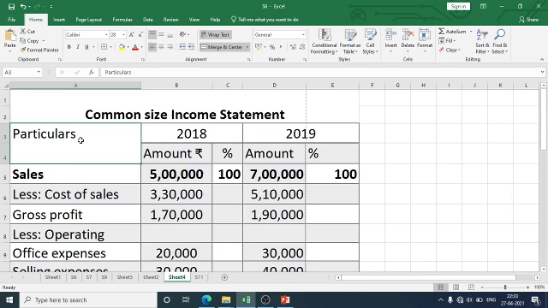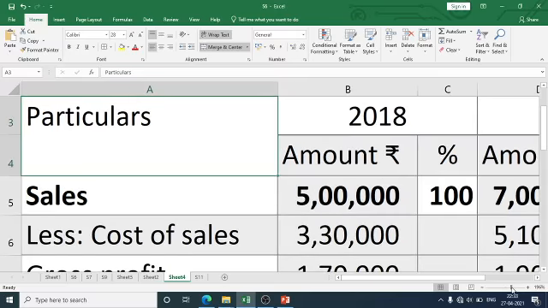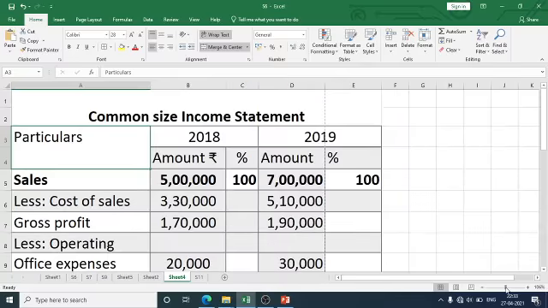So here you can write the particulars. So 2018 first absolute figures you need to write, and 2019 here in terms of amount.